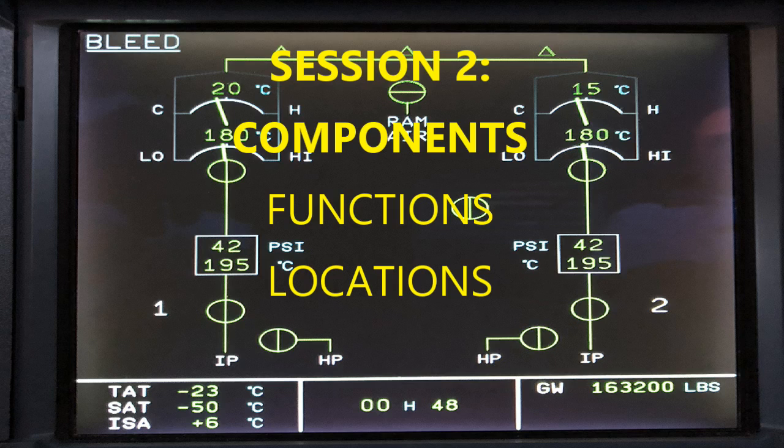Now we're going to talk about the high pressure bleed valve, the valve for the air coming from the 9th stage. The high pressure bleed valve opens in order to allow that high pressure to supply the pneumatic system, the bleed air, to the user systems. Remember what I said: everything should at first come from the intermediate bleed air, basically the 5th stage, to supply power to the user systems.